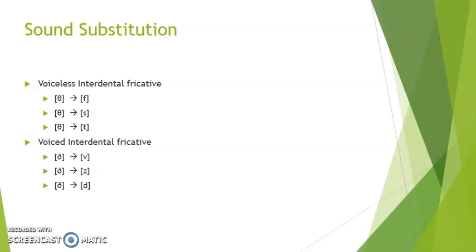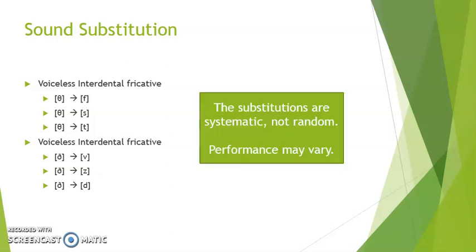Now, the important thing to realize is that those substitutions are systematic. There's a reason why the voiceless interdental fricative might be pronounced as the voiceless labiodental fricative, right? It's not just random sounds being substituted. They're close sounds that are in some way easier for the speaker to make. Now, when I say that the substitutions are systematic and not random, that's one point.